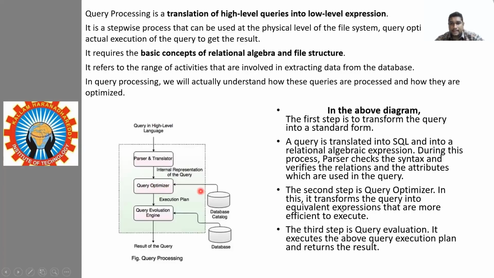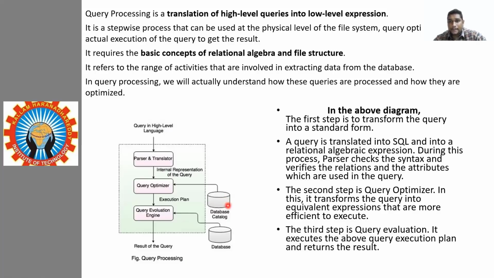The optimizer transforms the query into equivalent expressions that are more efficient to execute. See here, it is not connected to the database, but the other two are connected to the database. The database has indices, low-level instructions, and the data dictionary.